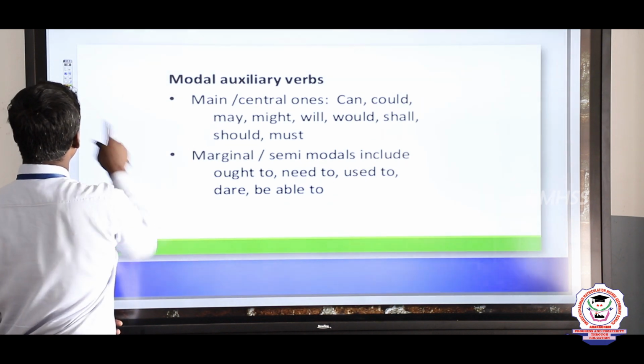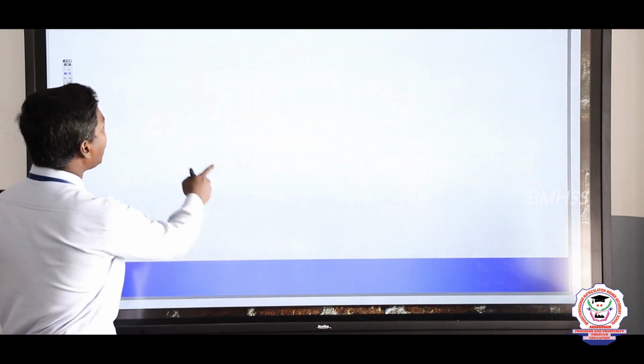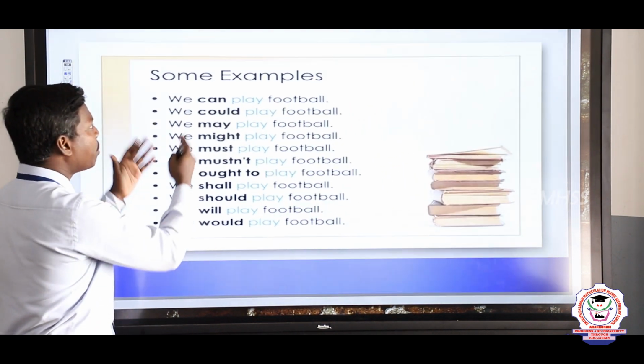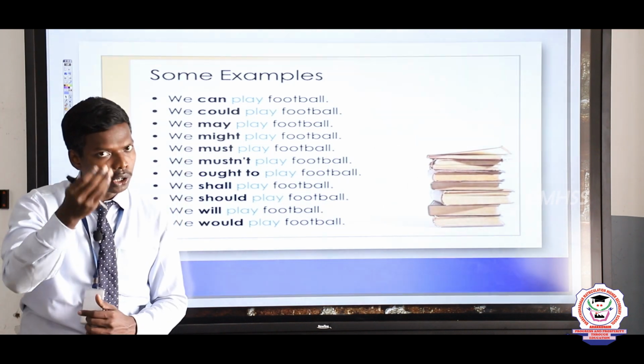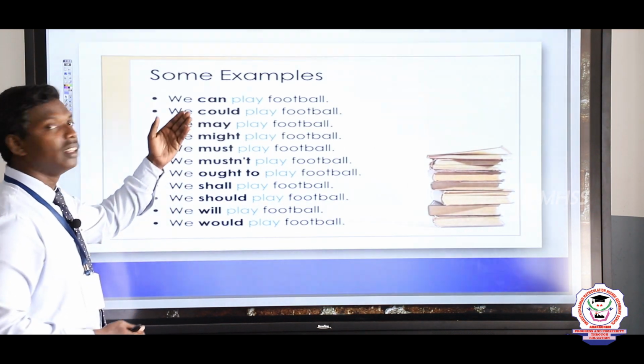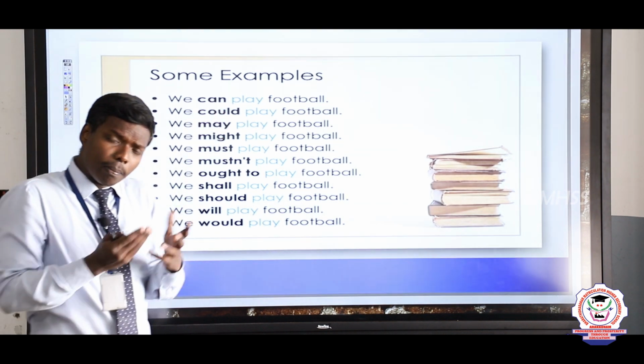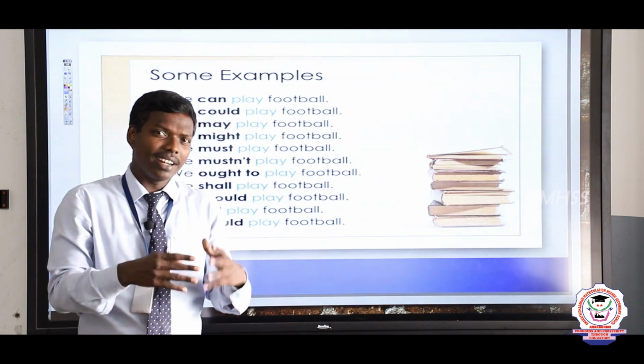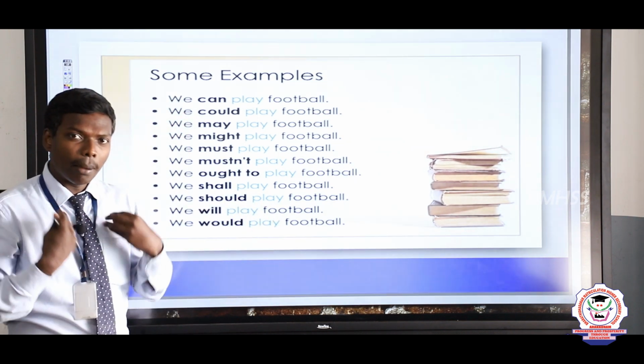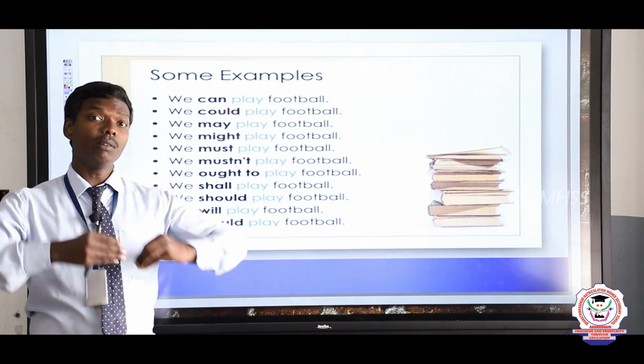Let's move to the second one. In the modal auxiliaries, see some of the examples I have given for you for your good reflection. See the example: we can play football. When you say we can play football, in Tamil you can translate it as nammal kaalpanthu vilayada mudiyum.